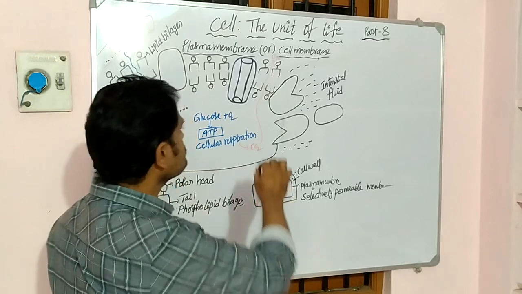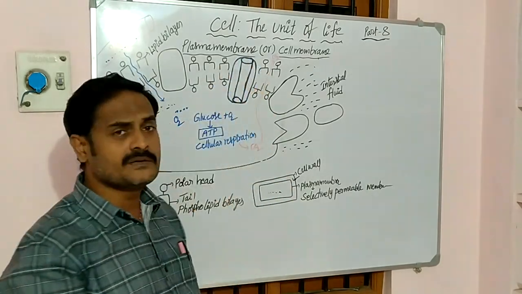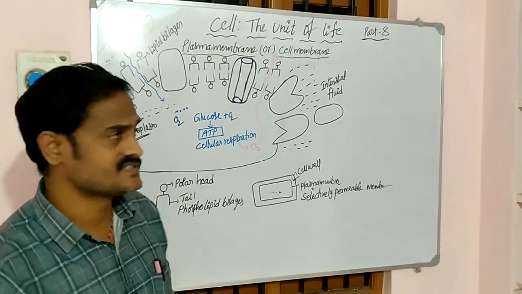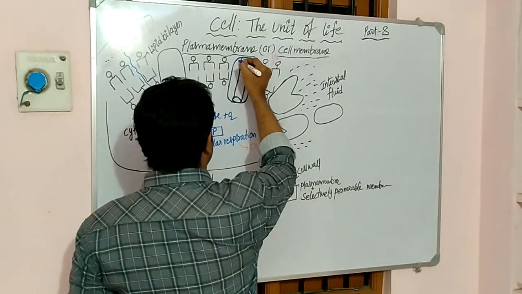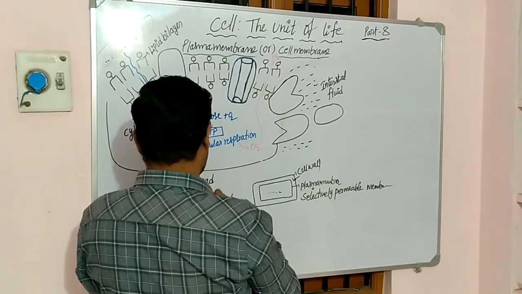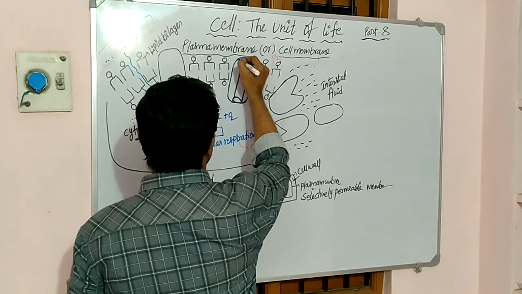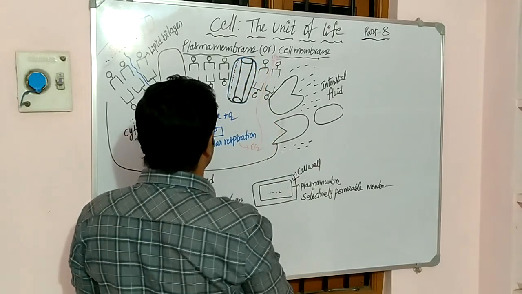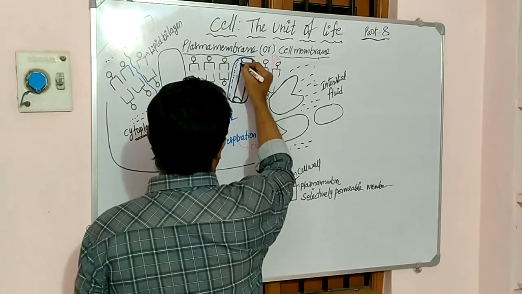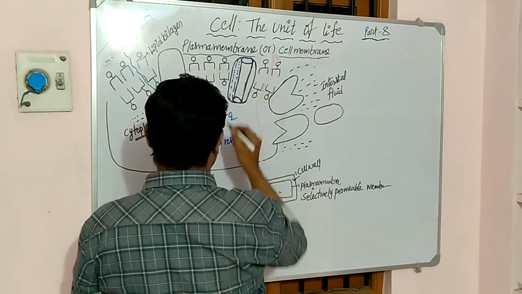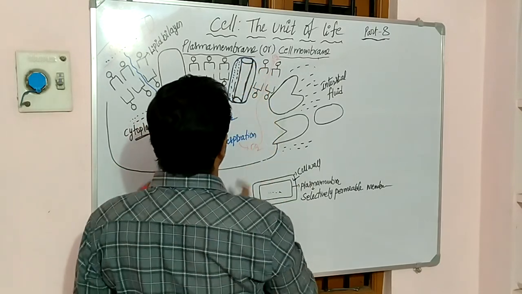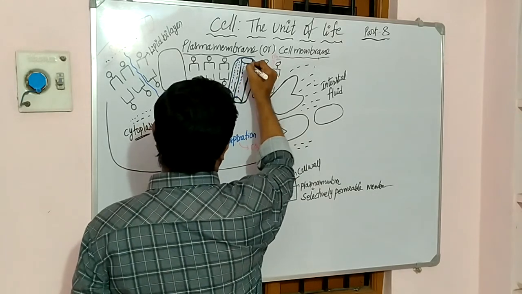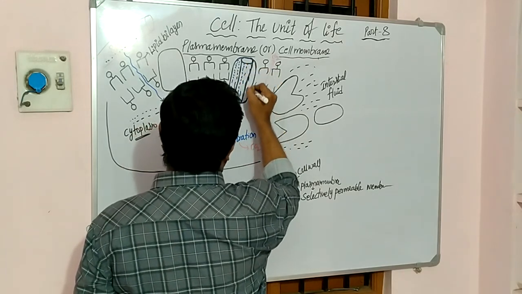Channel protein. This channel protein is made up of 8 molecules, remember. So this is one type of molecule, and this is another type of molecule. Like that, overall this channel protein is made up of 8 molecules.